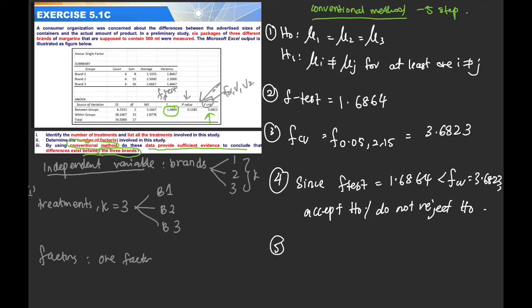So the conclusion at alpha 0.05, since you do not reject H null, all population means are similar. So it's the same, whichever brand you use, the actual amount of product is the same.